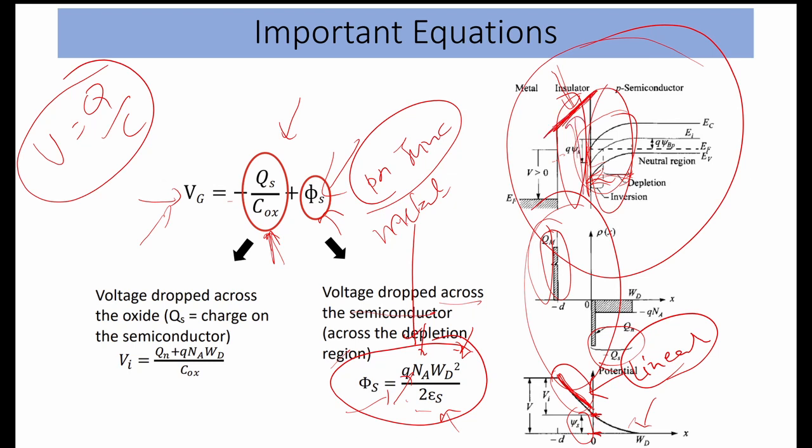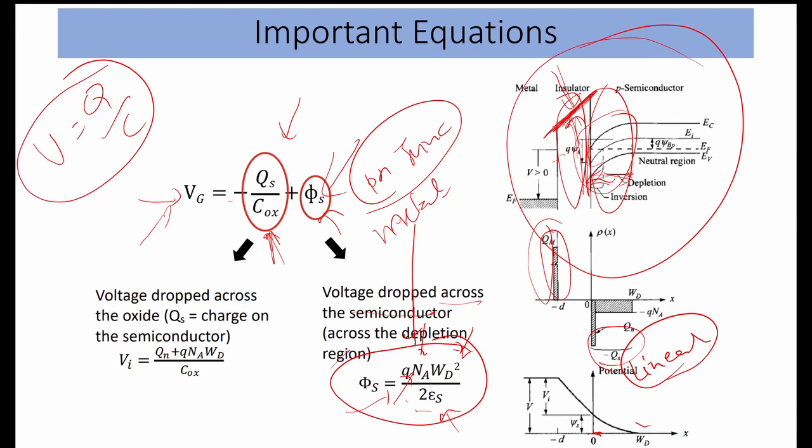This is the potential only, and the potential is the minus 1 by q of the energy, and it is linear in this region. This is the potential versus x graph.